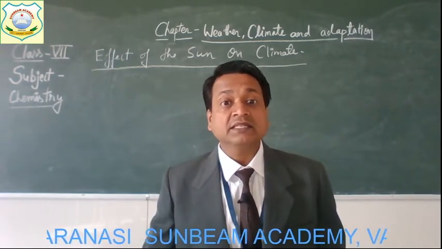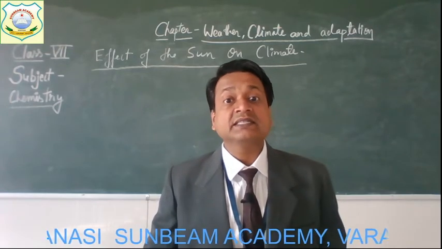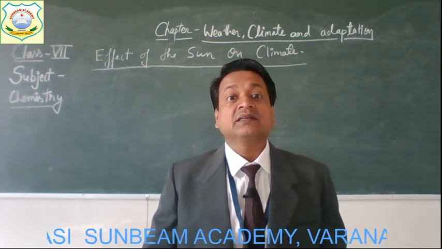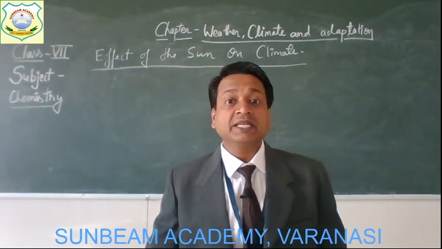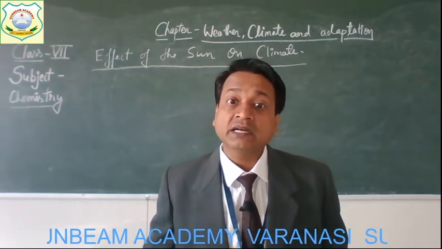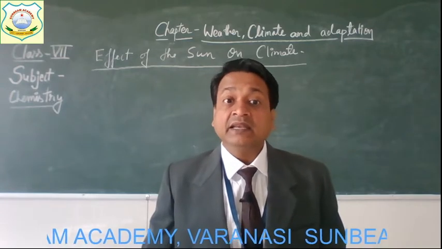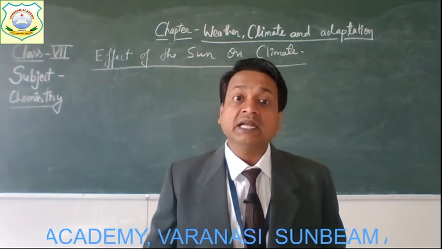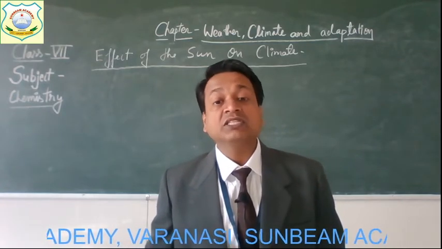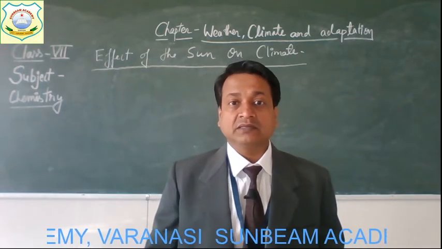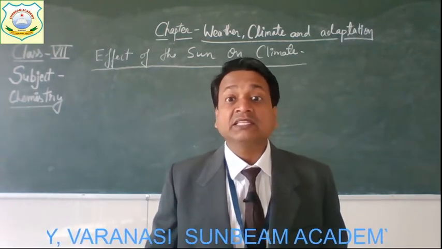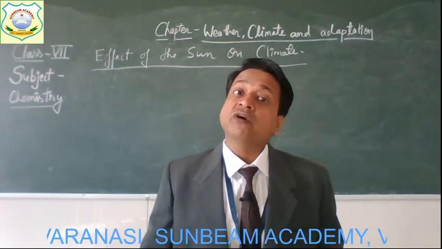The sunrise and sunset occur early on which places? The places which are near the equator. And this also causes land near the equator to get heated up more than the land which is away from it, as it receives sunlight for more time.